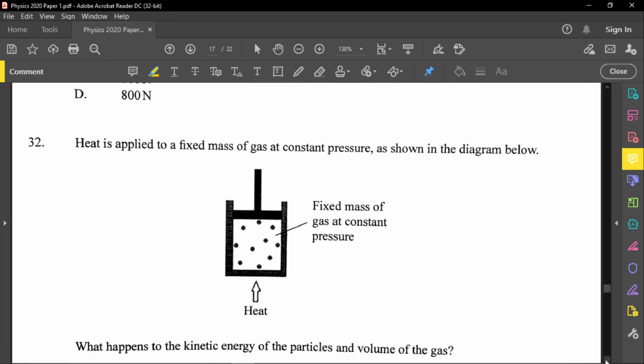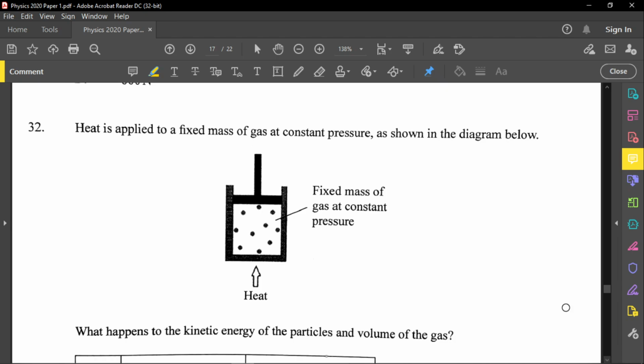Heat is applied to a fixed mass of gas at constant pressure as shown in the diagram below. So here we have a fixed mass of gas, all right, and the pressure is constant. So if pressure is constant, we know this is Charles' law. Then that means it is the volume over temperature. But let's see what they're asking us. It said, what happens to the kinetic energy of the particles and volume of the gas?